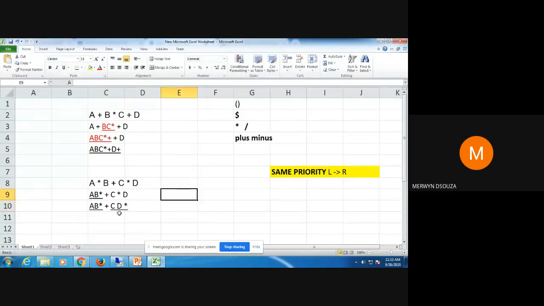Underline it. Now the only operator left is plus. When you solve that, this plus will be put at the end. This is your answer: A B asterisk C D asterisk plus.